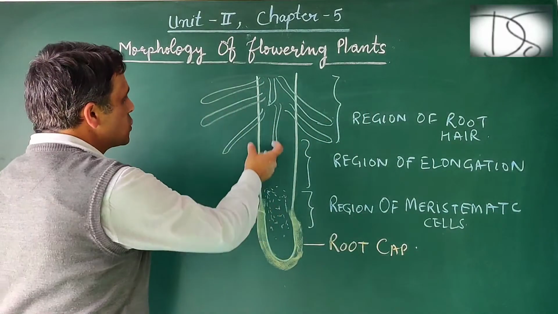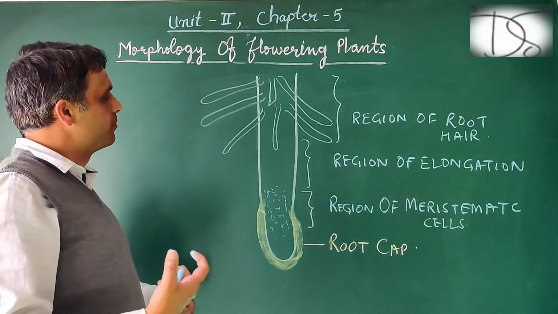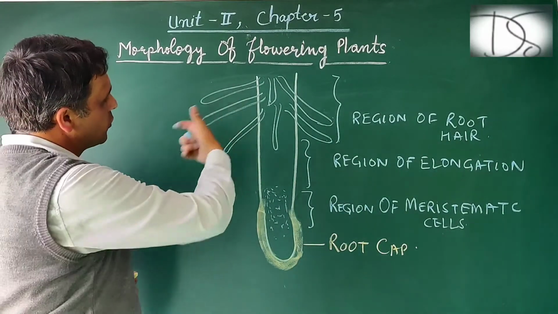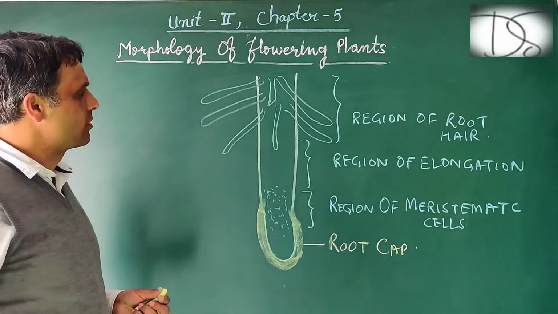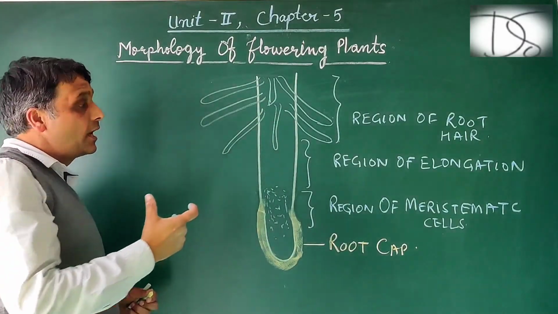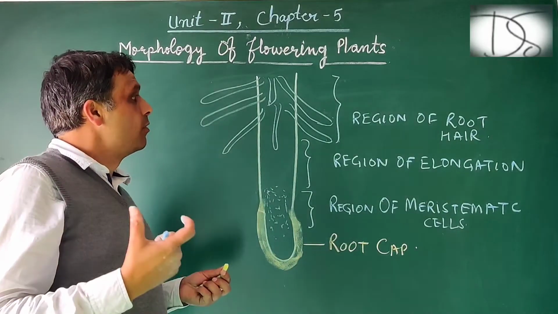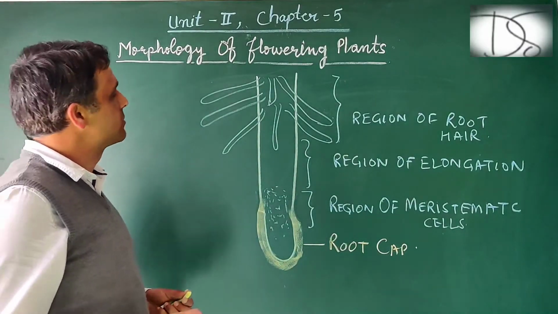Obviously these root hairs are the outgrowth of some epidermal cells, and they elongate. They are generally unicellular, and they enormously help the roots to absorb water specifically and minerals too.